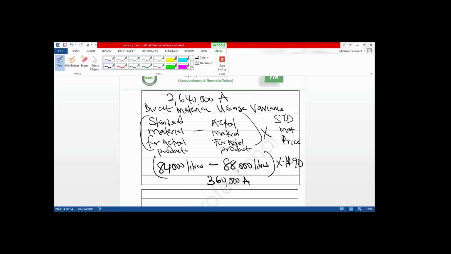Is it due to inefficiency or somebody stealing the raw material? You can see the importance of variance analysis. It is trying to tell you where the problem is coming from. Your variance will be telling you, please monitor this area very well.